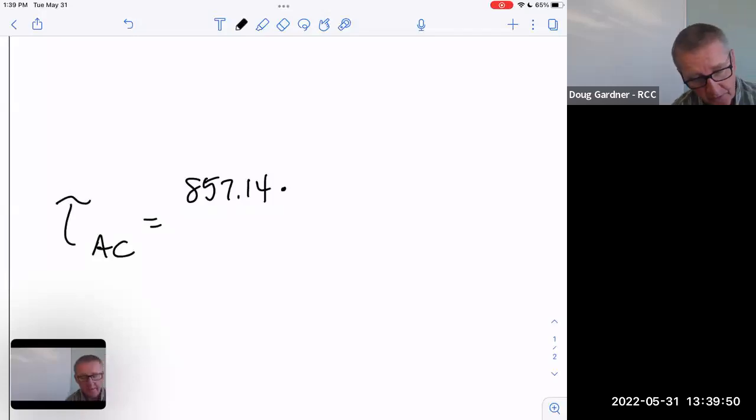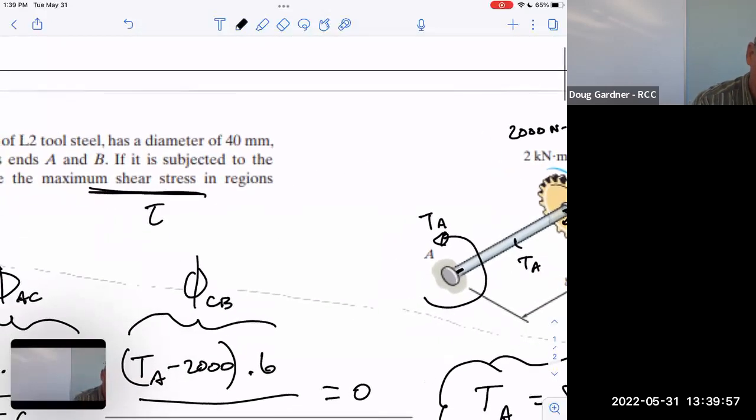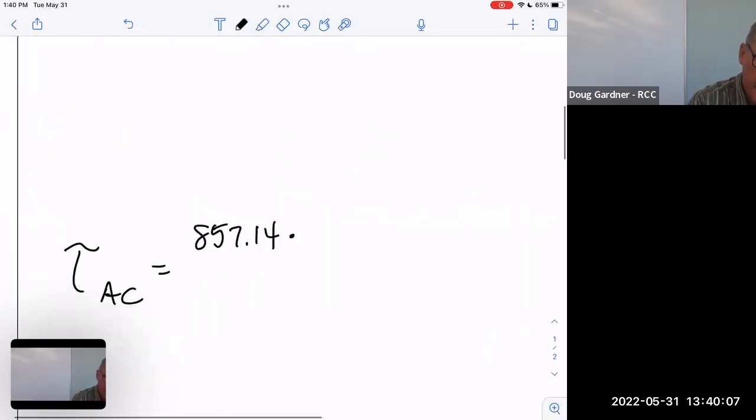So we said that's the torque times C, which in this case, the shaft, I assume they're telling us that somewhere. Oh, it has a diameter of 40, which is a radius of 20, which is 0.02 meters.